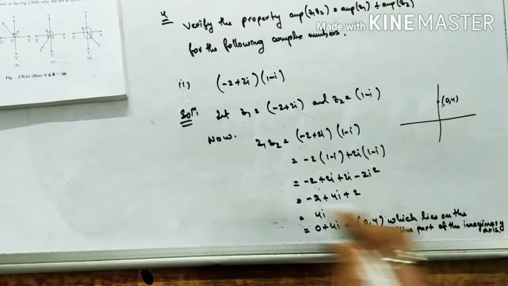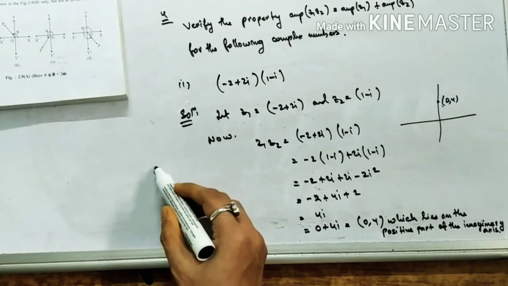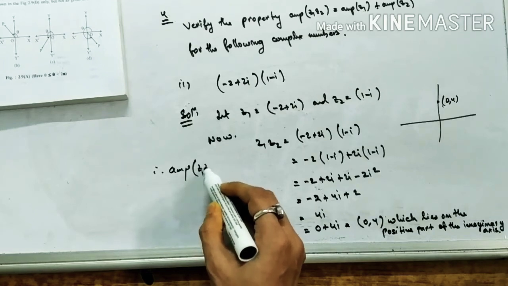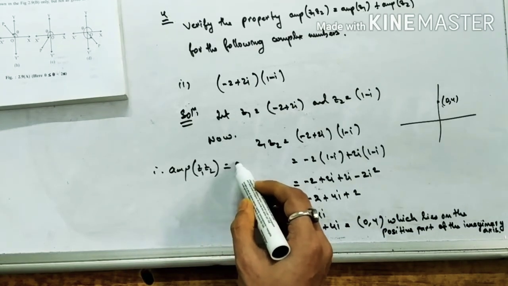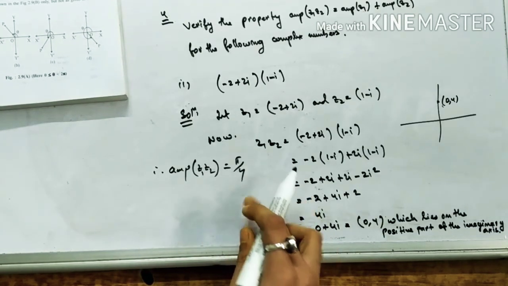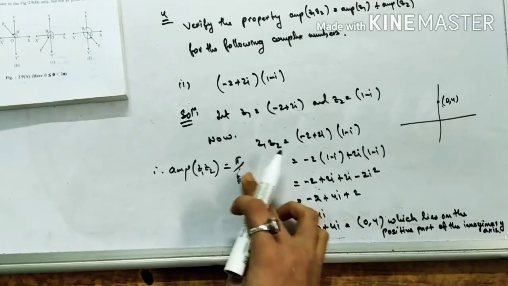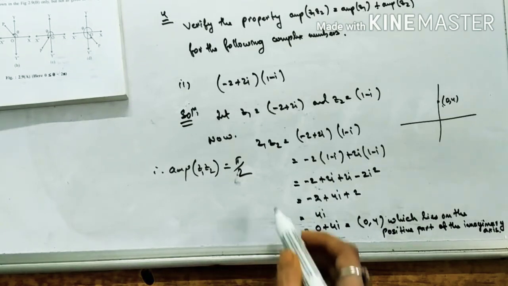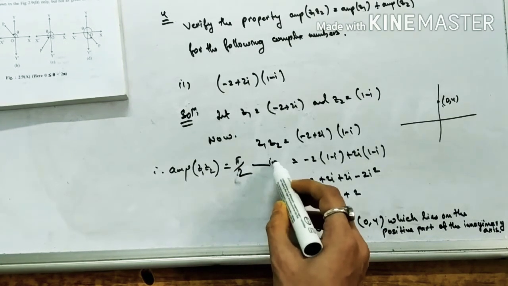Therefore, amplitude of z1 z2 is equal to pi by 2. This is equation number 1.